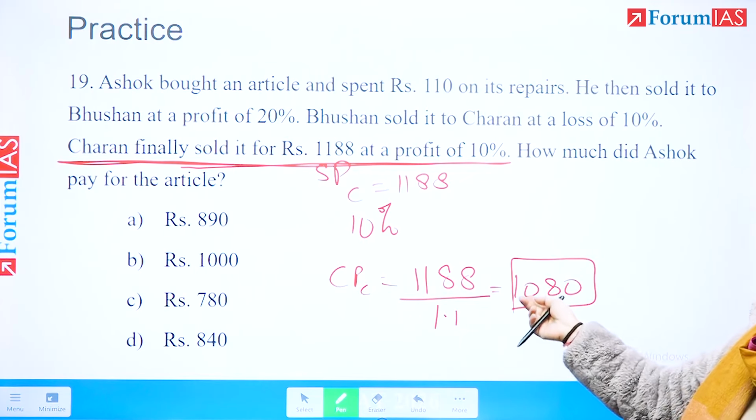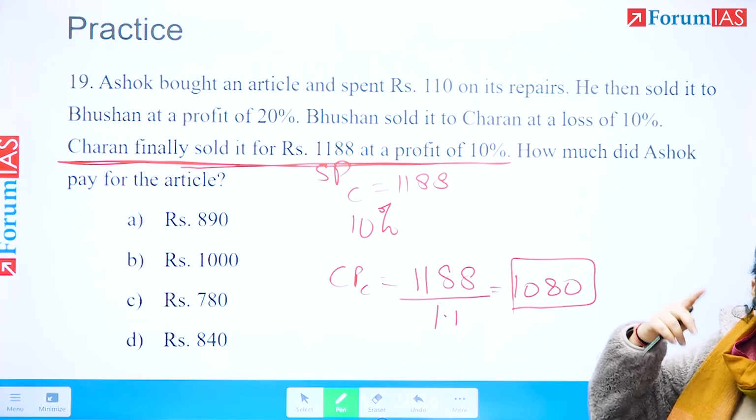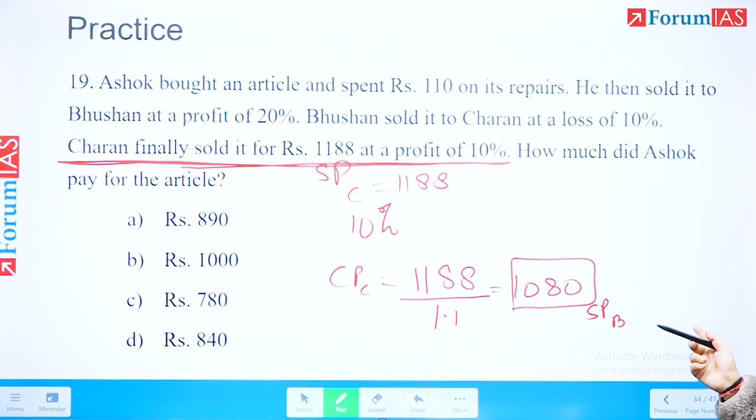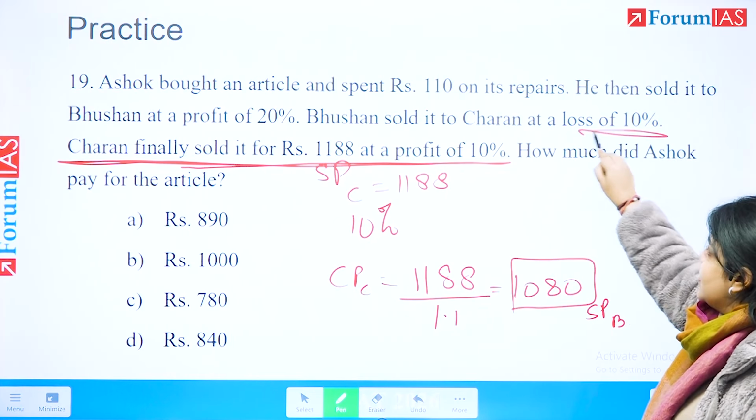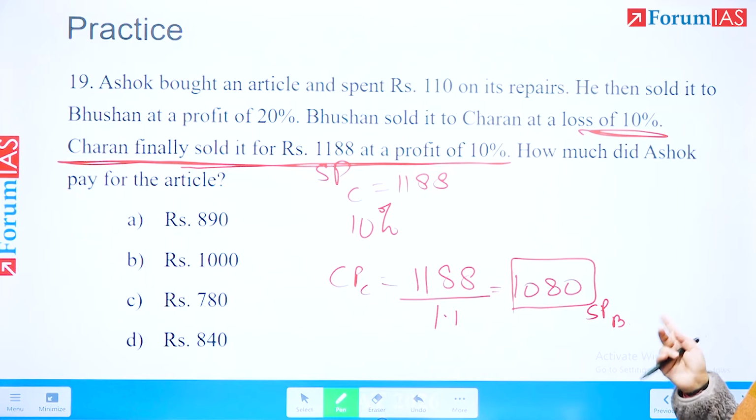जितने में चरण ने खरीदा उतने में भूषण ने सेल किया. So this is the selling price of Bhushan, 1080. But Bhushan is selling it at a loss. So what is the cost price of Bhushan?